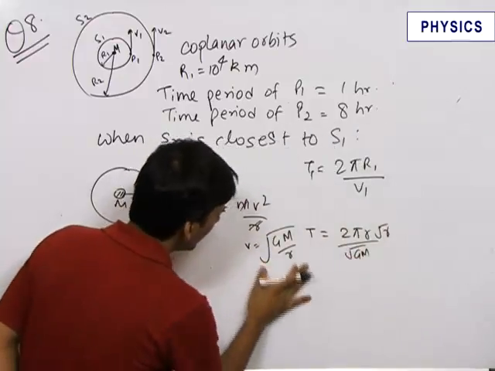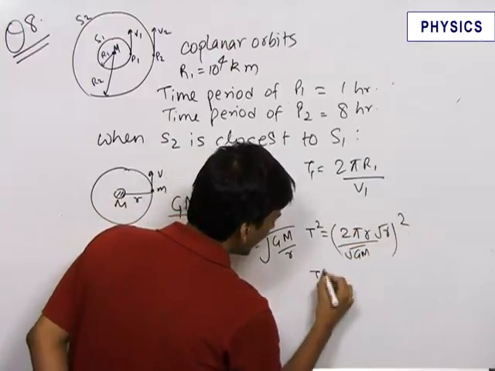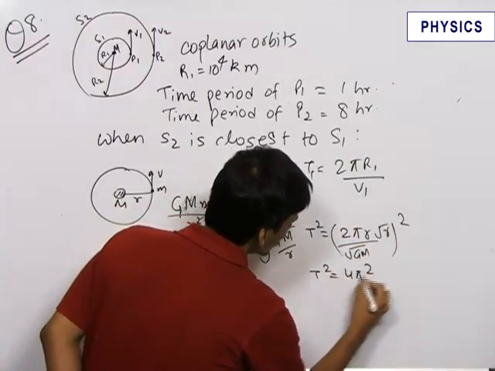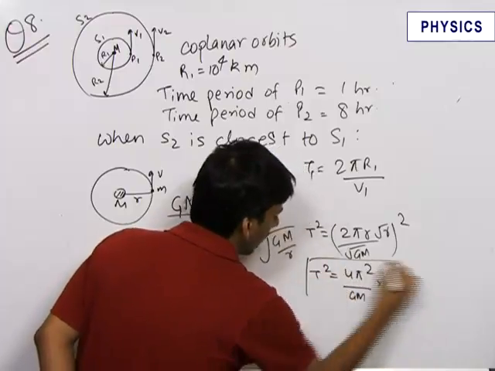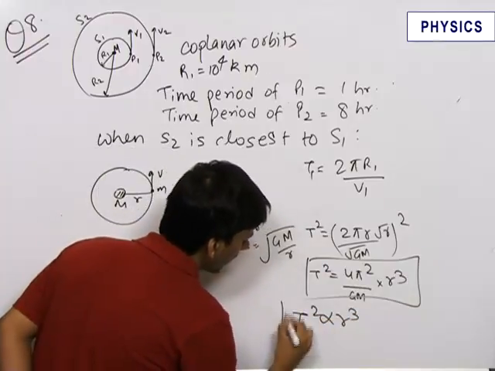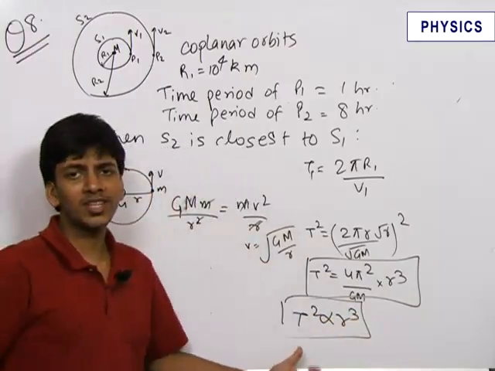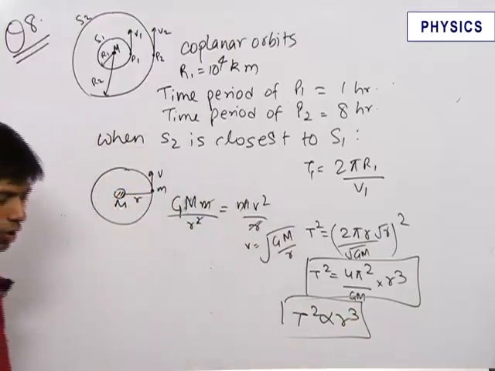Therefore, when we square both sides, we get T square is equal to 4 pi square upon GM into r cube. From this relation we get T square is directly proportional to r cube. You should also remember this result for satellites orbiting a particular planet or the sun.